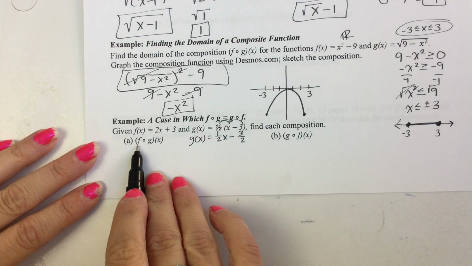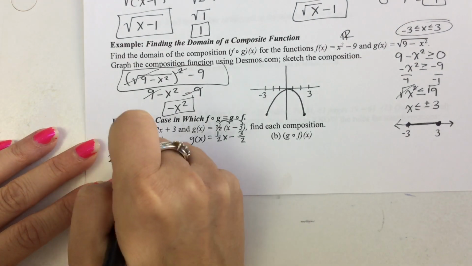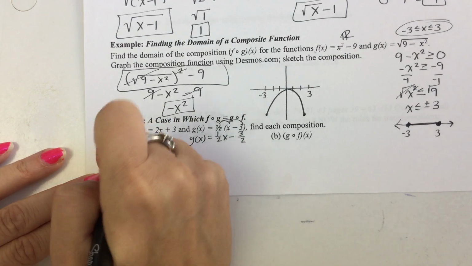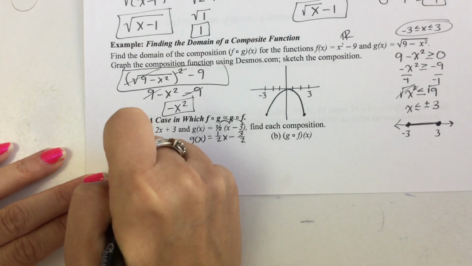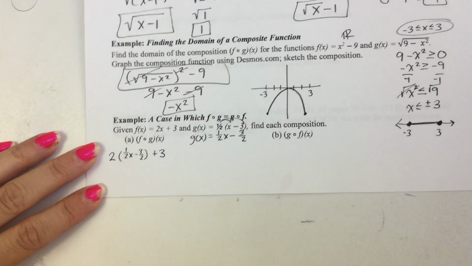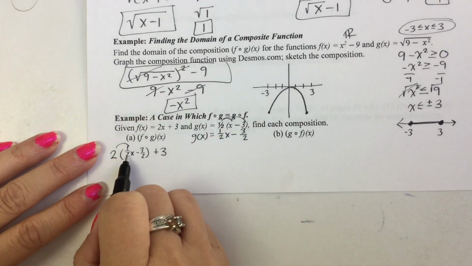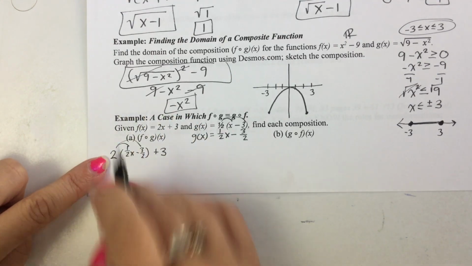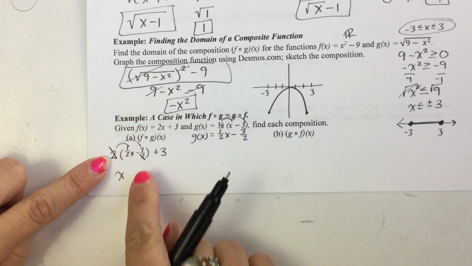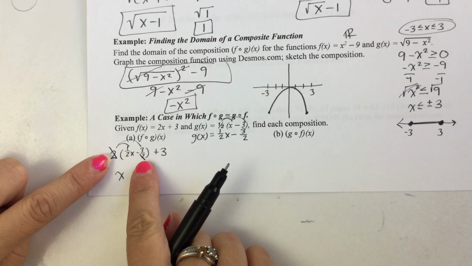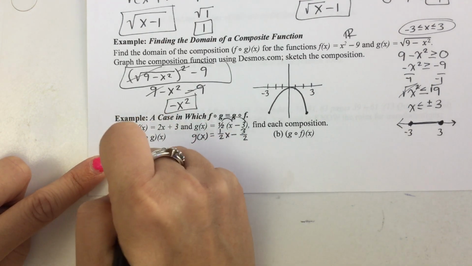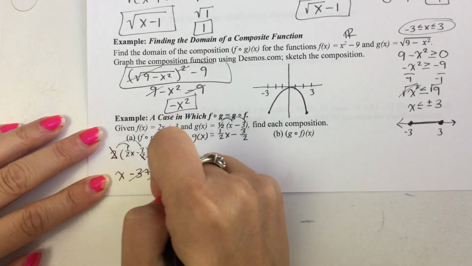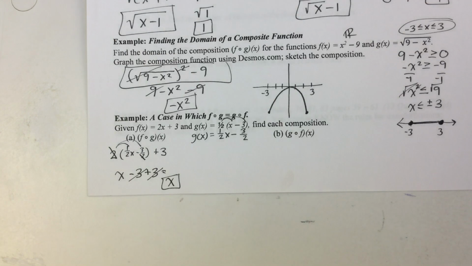Here, f is the outside, so it's 2, open parentheses, plus 3. g is the inside, 1/2 x minus 3/2. 1/2 times 2 is 1x. If I multiply here, remember, anytime you multiply by a denominator, it cancels. So this 2 would cancel this 2, leaving you a negative 3, plus 3 is on the outside. Well, negative 3 plus 3 cancels, so I just have an x.